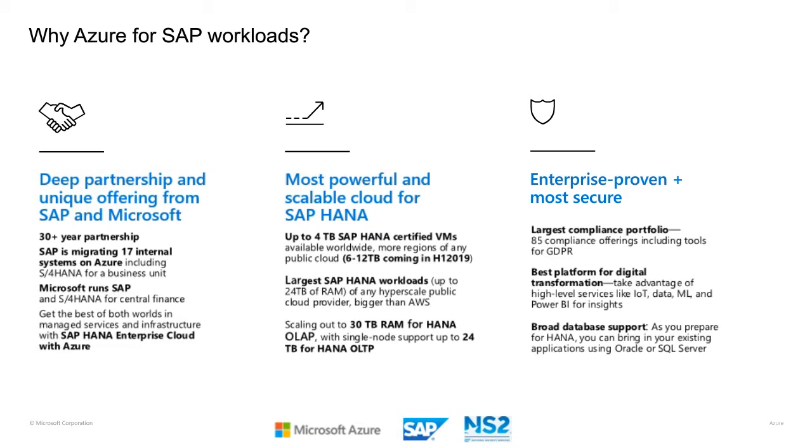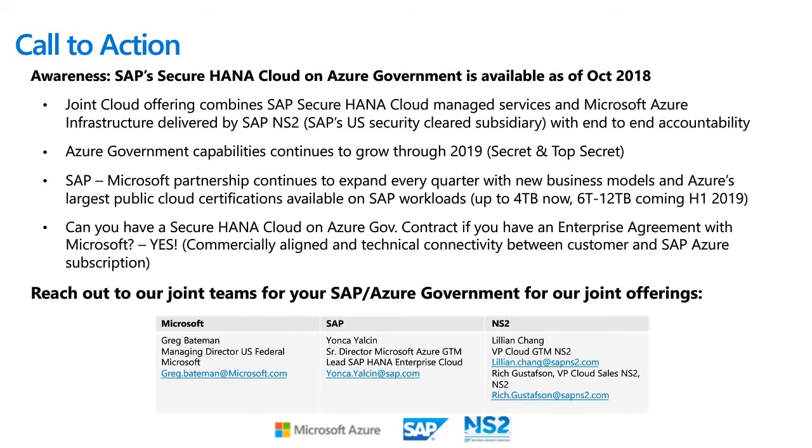So as a call to action, I'd like to call out a few things. First off, awareness of our joint offer: SAP Secure HANA Cloud on Azure Government, available as of October 2019, and delivered by SAP's US-based subsidiary, SAP NS2, which will give you end-to-end accountability on infrastructure and applications.